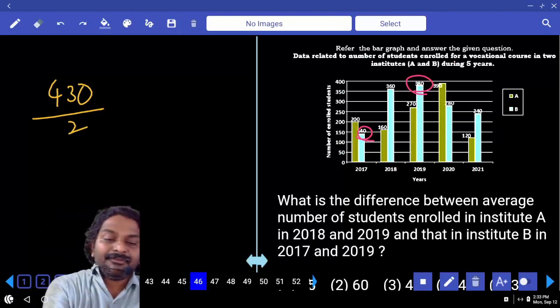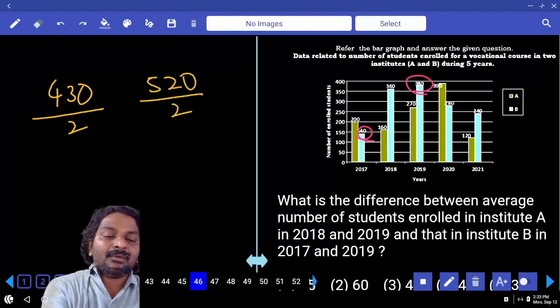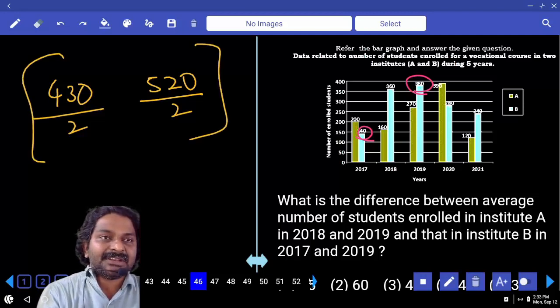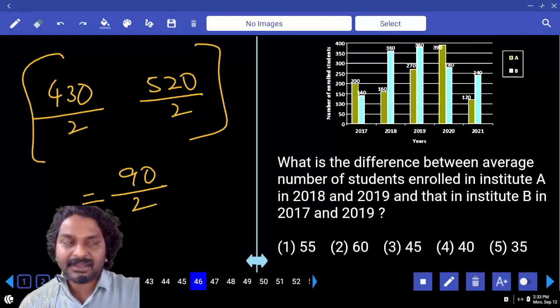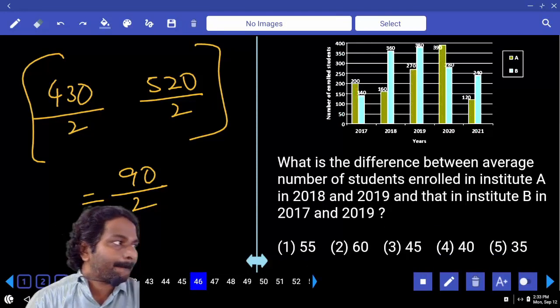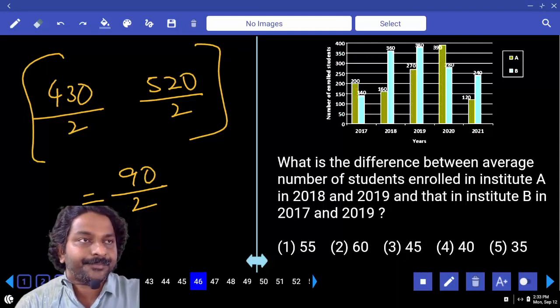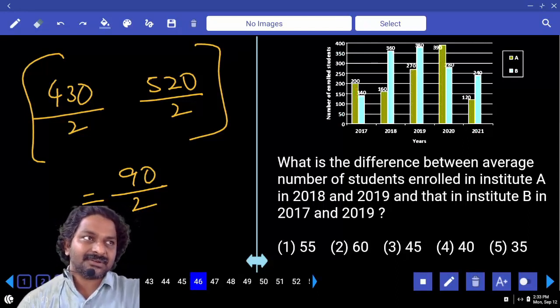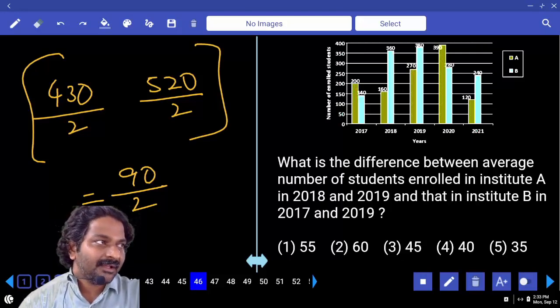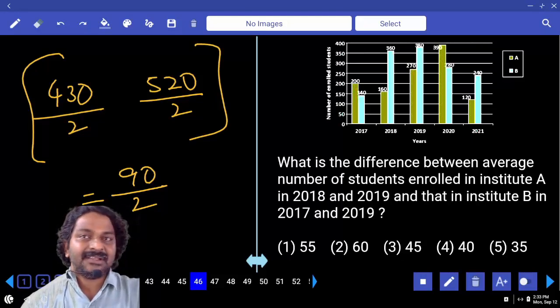Total 520. Average in the sense by 2 only. Now for these two numbers we need to take the difference. Difference is 90 and take now the average, which is by 2. Answer 45. Difference in the sense always largest minus smallest only. Order has no importance if it is difference.